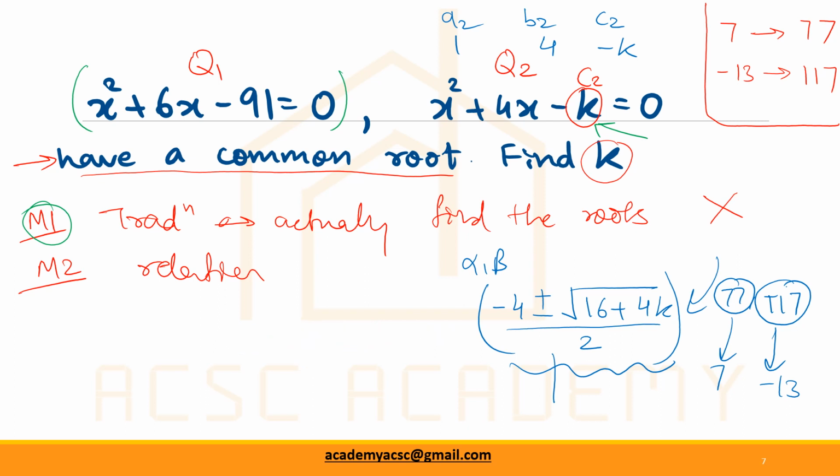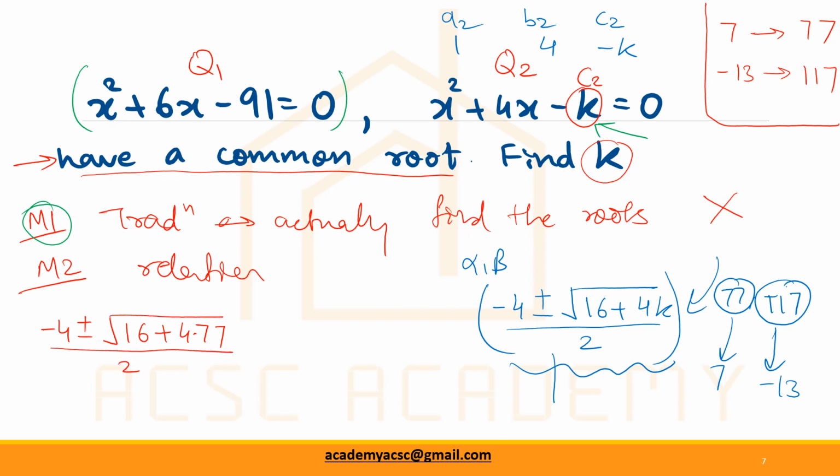The first time we will be substituting k as 77, then we will get minus 4 plus minus root of 16 plus 4 times 77 by 2.